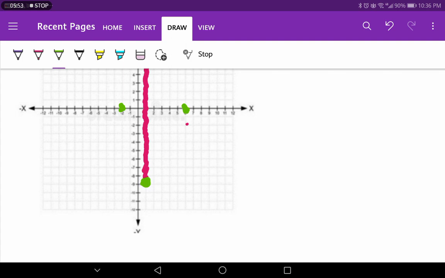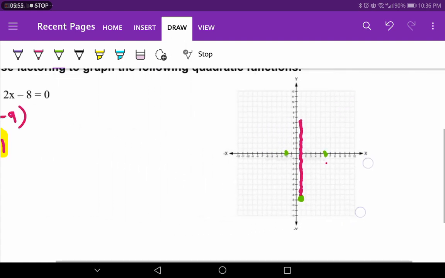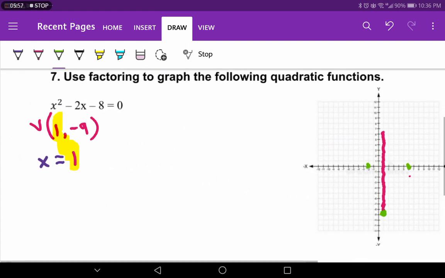Are you happy with me? Yes. And I can take one more thing here, clearly and easily. It is negative 8. So the y-intercept is 0 and negative 8.